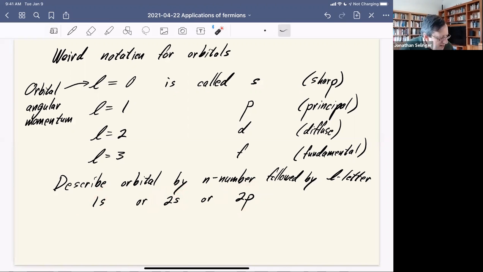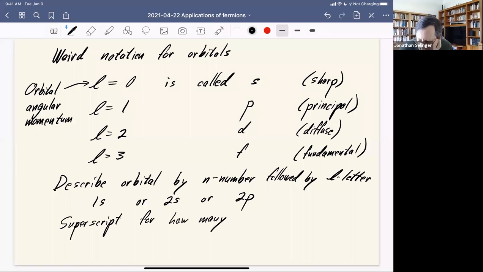And then a superscript for how many electrons are in that orbital. So in that n and L, okay?